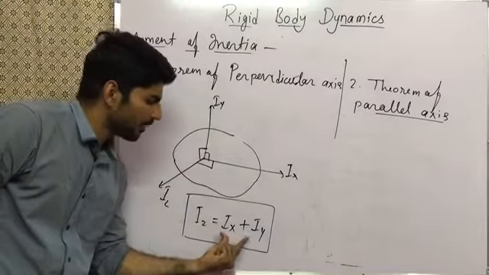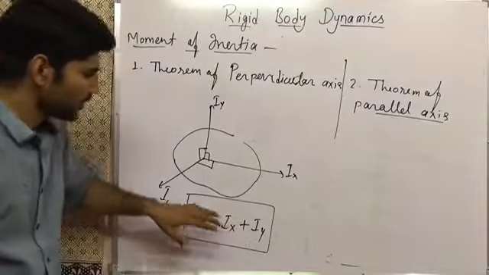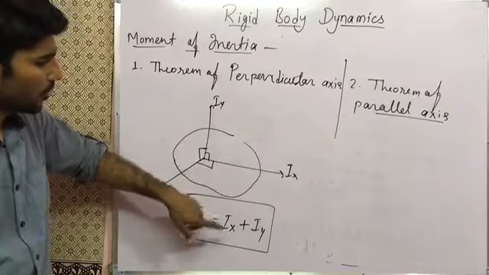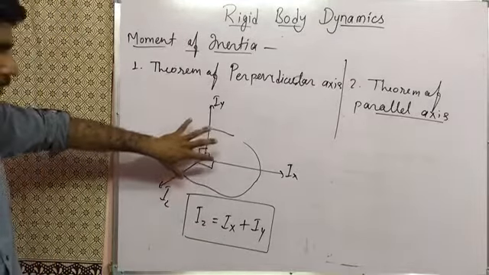That means Iz is equal to Ix plus Iy, and all three axes are perpendicular to each other.